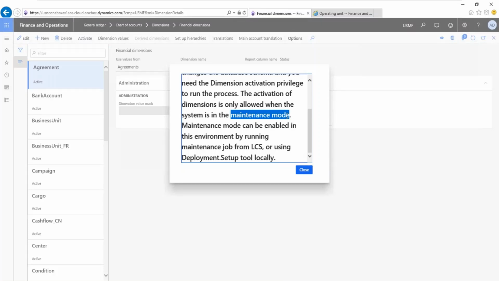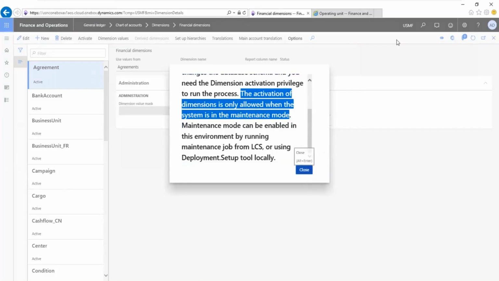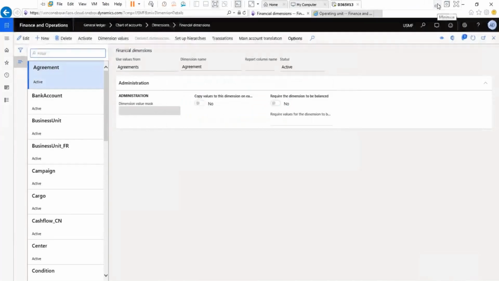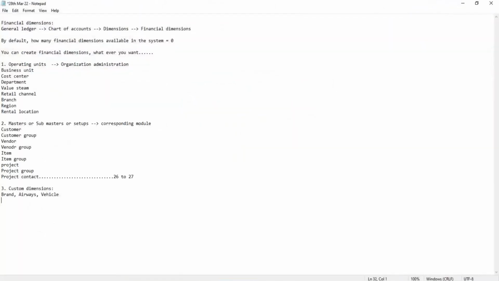So if you want to activate the dimension, look at this one. The activation of the dimension is only allowed when the system is in the maintenance mode. Maintenance mode means you will have some LCS link.